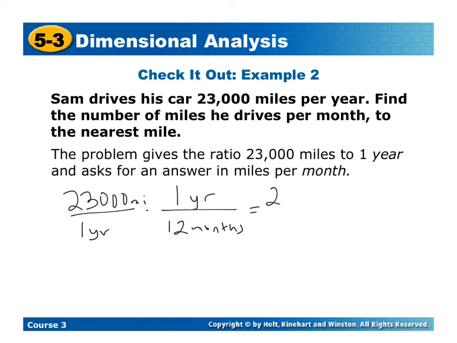So really it becomes 23,000 over 12 months. So if I do 23,000 divided by the 12 months in a year, Sam is driving, to the nearest mile per month, 1,917 miles per month.